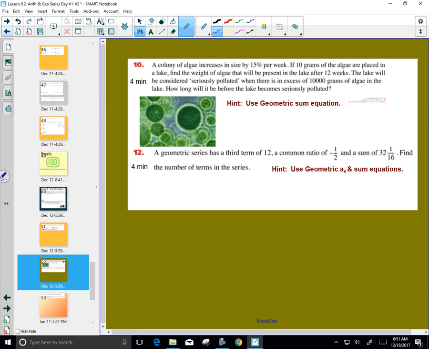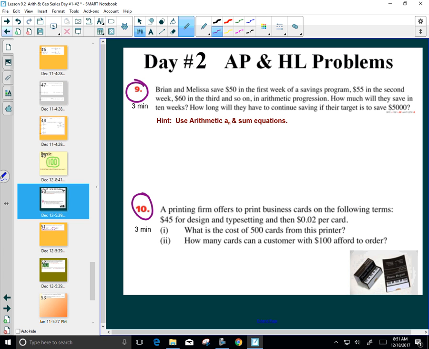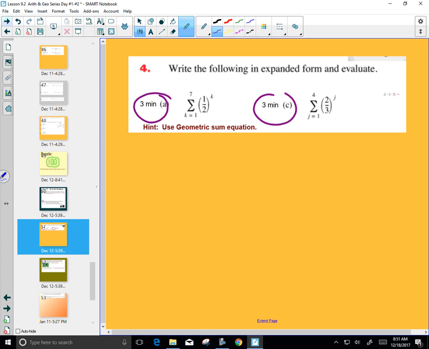Okay, so you're going to do these two and these two, and let's change this number, part A. Would you just change it? Change that one to 5k minus 17. Change this to 5k minus 17.